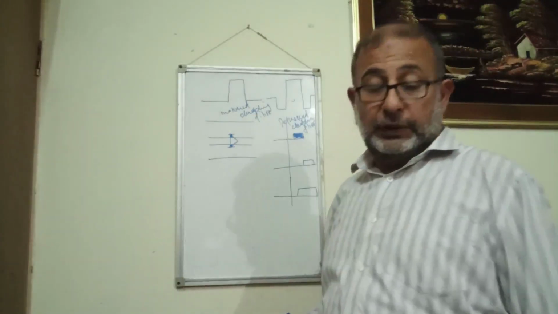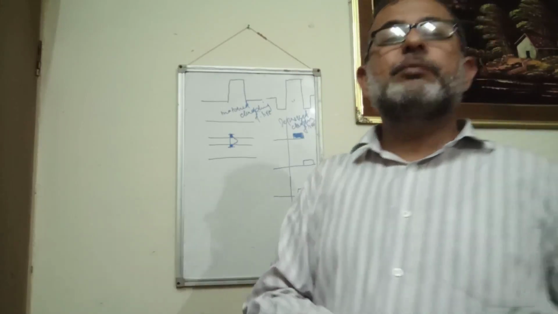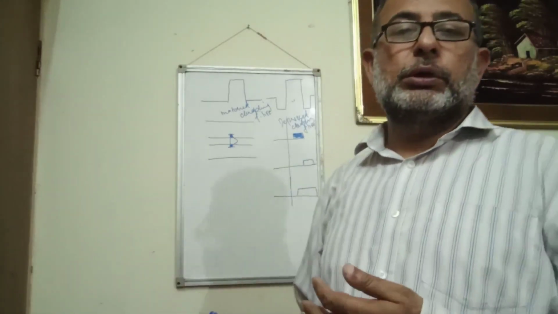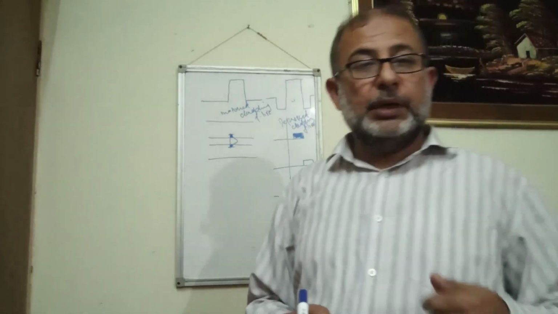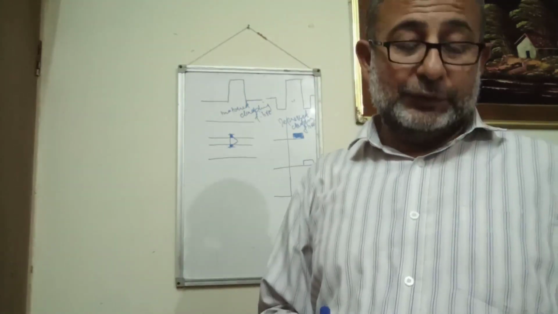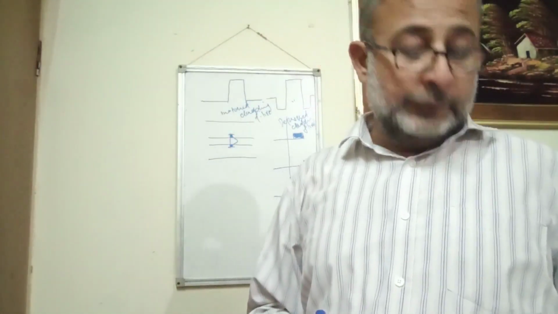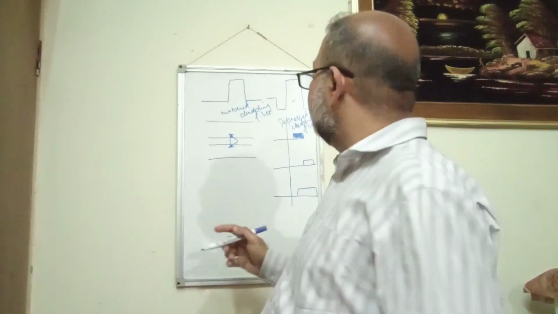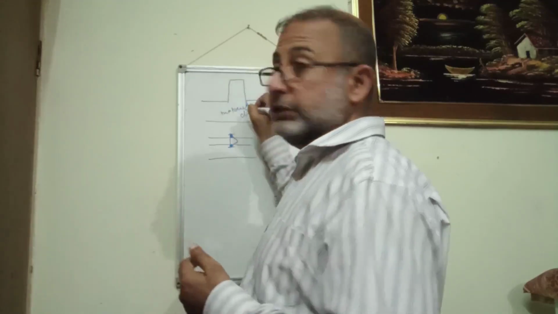Now we have a requirement to shift the minima of dispersion from 1310 nanometers to 1550 nanometers. How is it done? It is done by altering the index profile of the fiber, basically index profile of the core. For example, we can have a core not with such a step index.